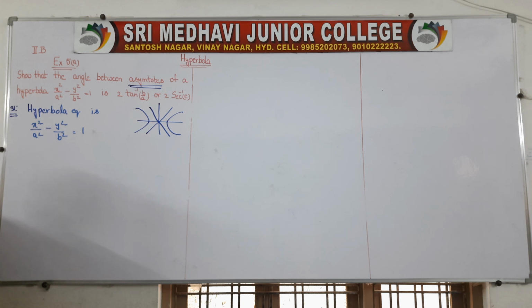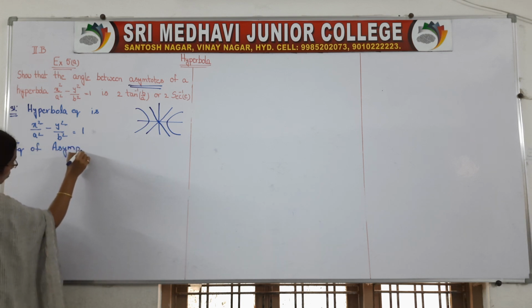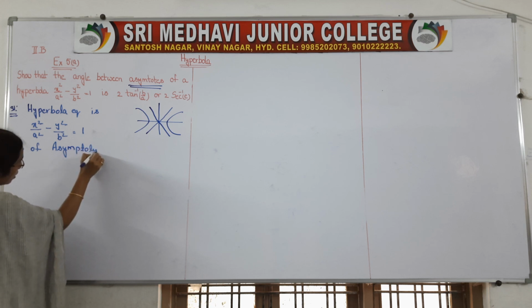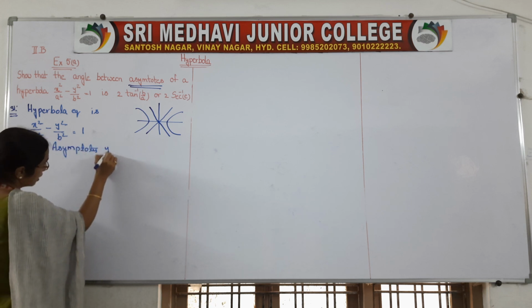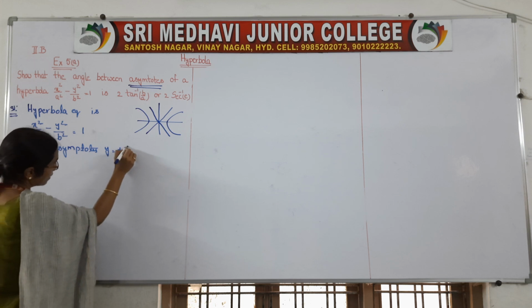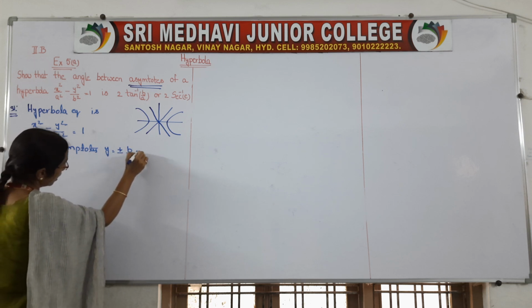Now we have to take the angle between the asymptotes. So you take the equation of the asymptotes. It is a formula, just like equation of a line or equation of a circle. Equation of asymptotes: y is equal to plus or minus b by a x.